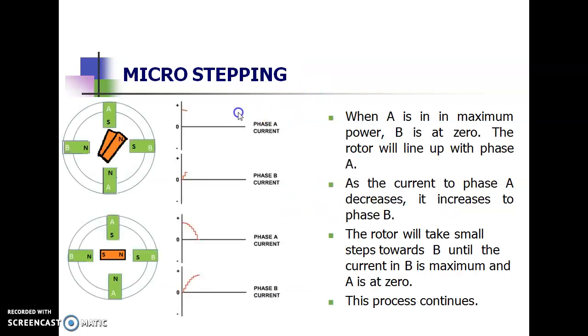So what will happen? Now we can say we apply the phase A current to phase A and the phase B current to phase B. Initially A is at the maximum position and B is at the zero condition.